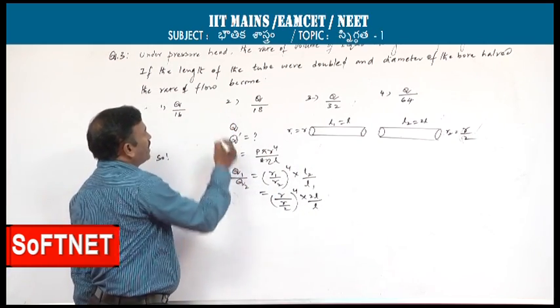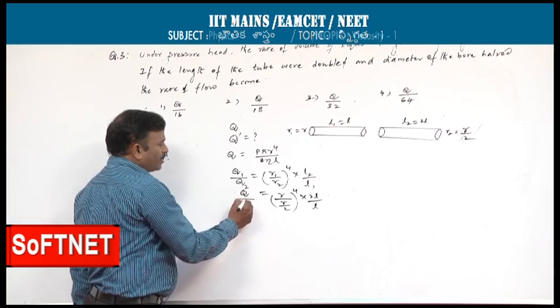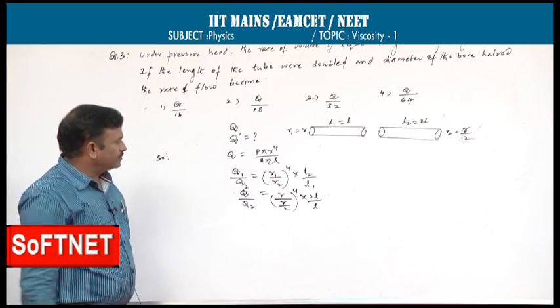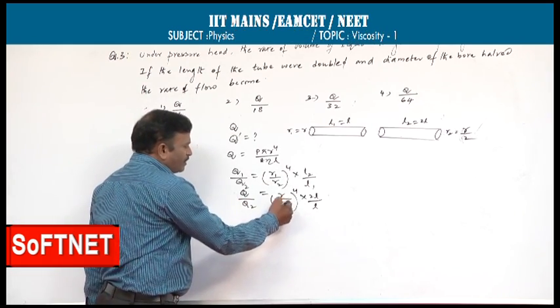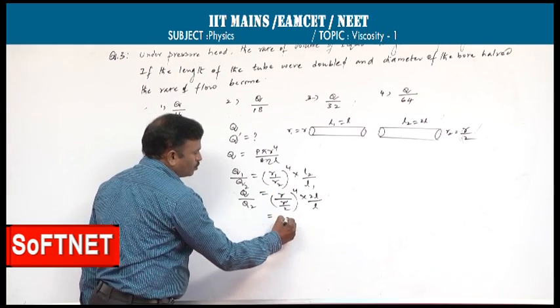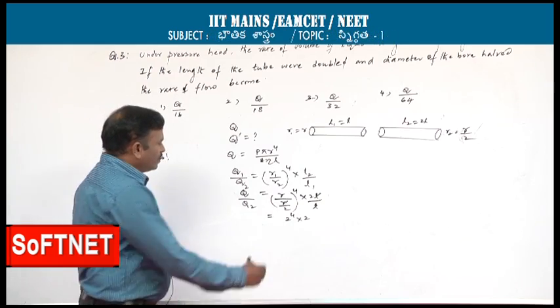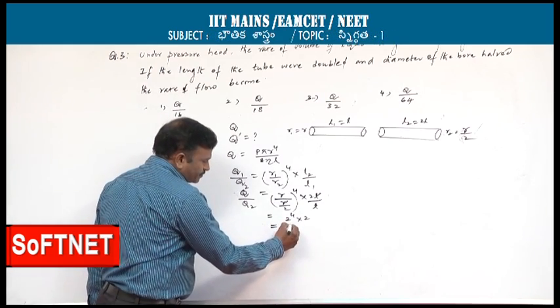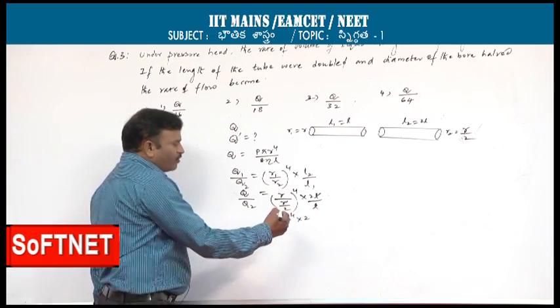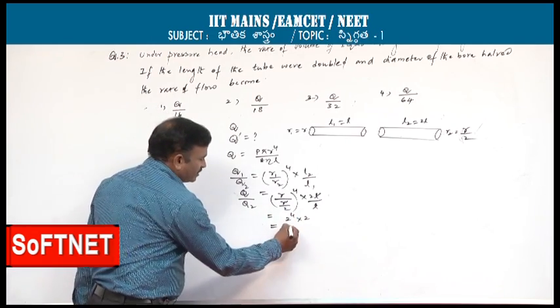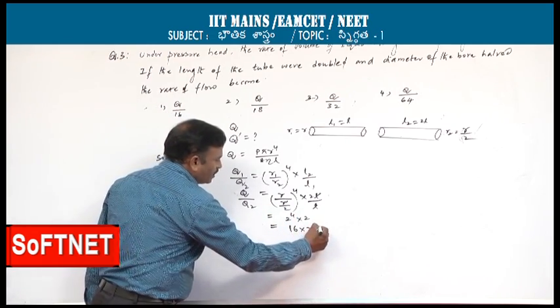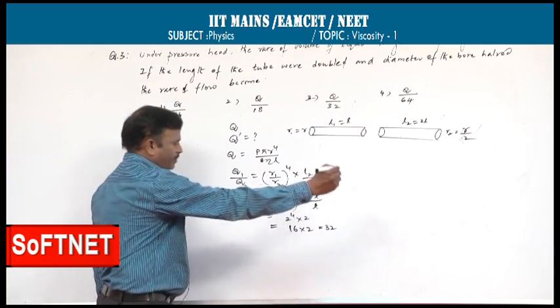Here Q1 is given as Q, and Q2 is how much? Then R and R will cancel, 2 to the power of 4 into 2L, L and L also cancel. 2 to the power of 4 is 16. 16 into 2, that is 32.